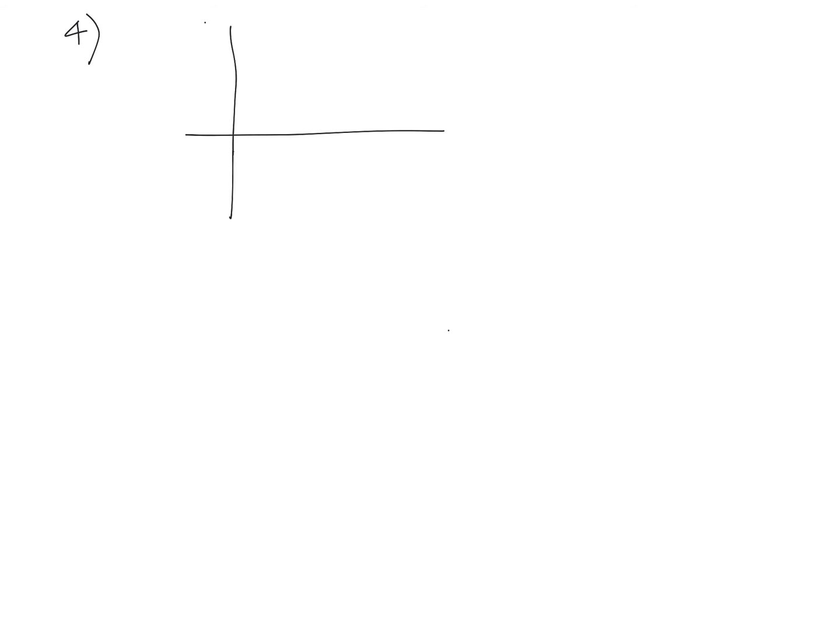So e to the minus x is that, and the line x equals k, so that's k, and we've got this region here. So when x is 0, e to the 0 is 1.